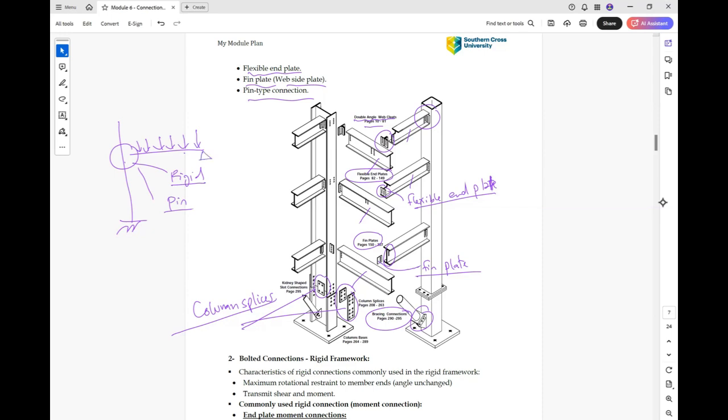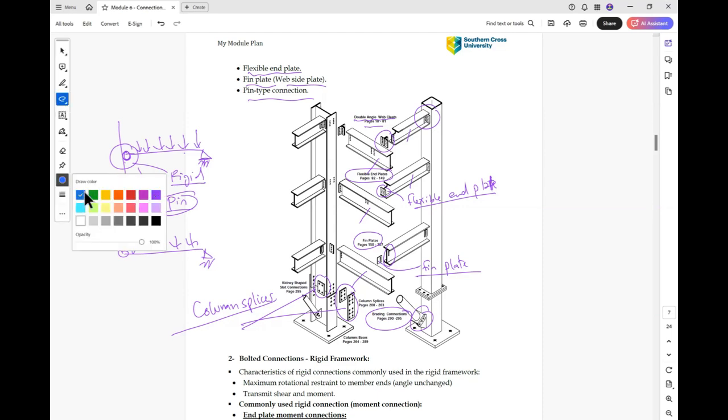If we put a support here, we can make this connection pinned. If it is pinned, it means that part of the load on this beam will go to the left support, and the other part will go to the other support.